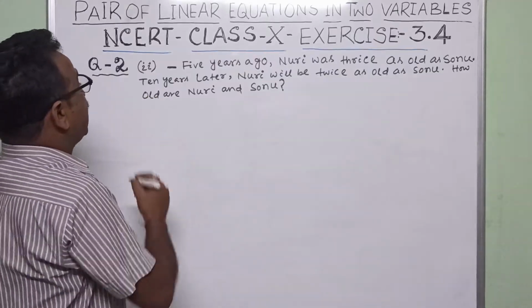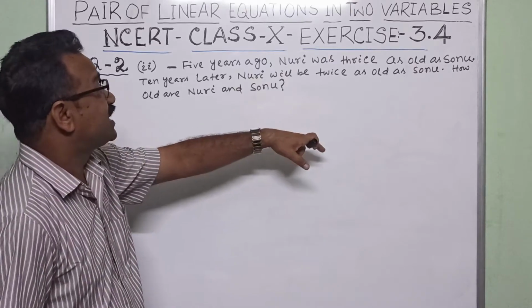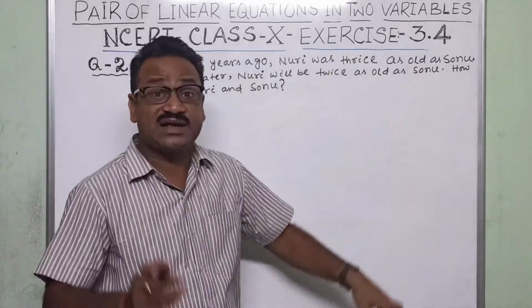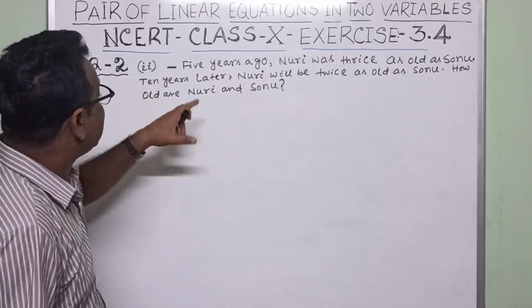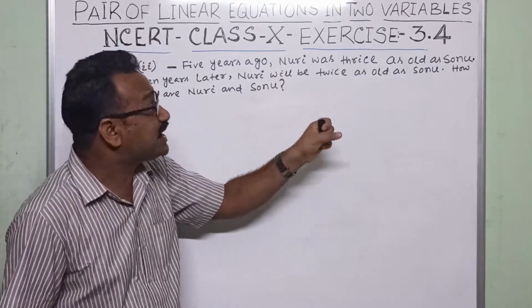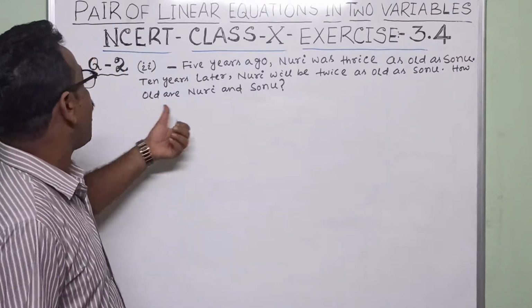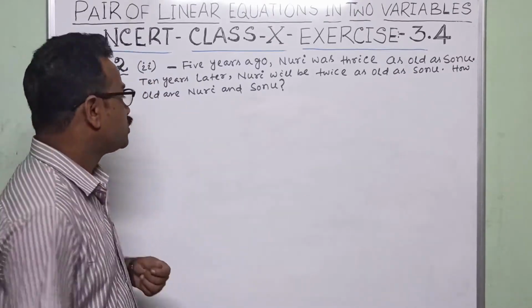So note it down. 5 years ago, Nuri was thrice as old as Sonu. 10 years later, Nuri will be twice as old as Sonu. So, how old are Nuri and Sonu?